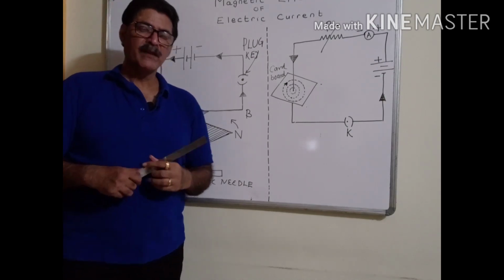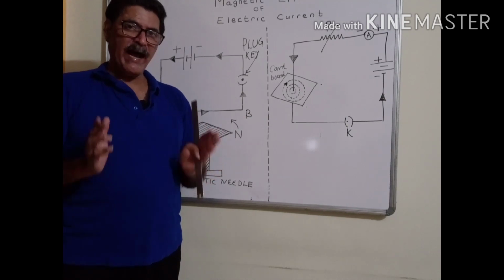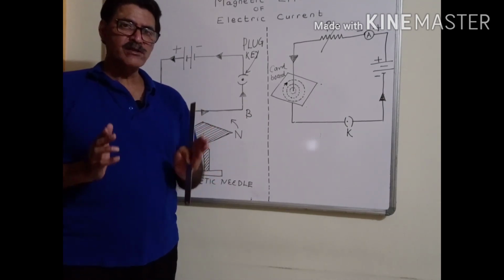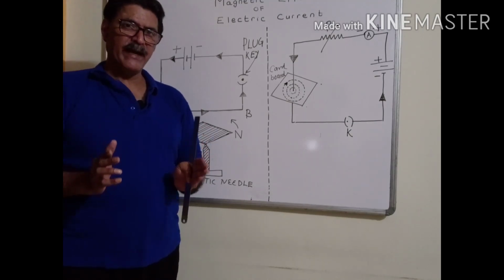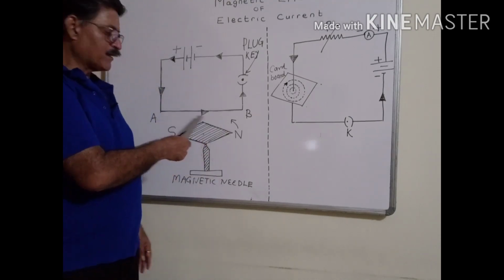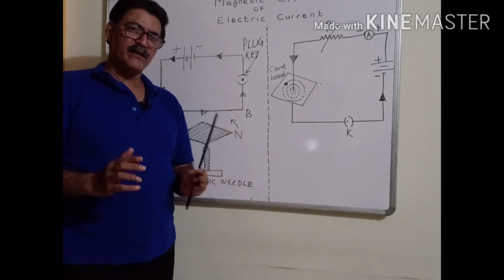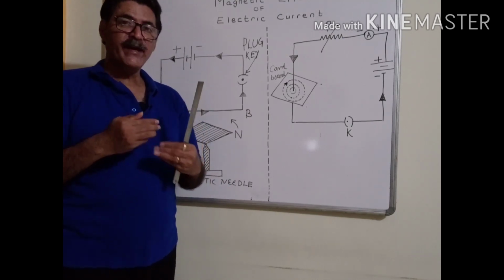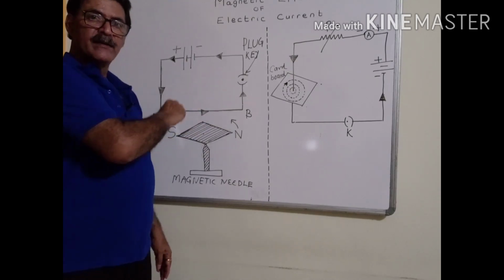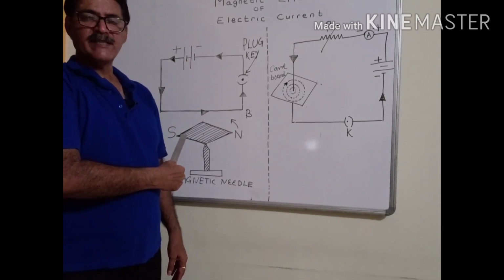The scientist Hans Christian Ørsted was the one to discover that whenever current is passed through a metallic conductor, there is a magnetic field produced in the region surrounding the conductor, and that was observed with the help of this experiment.